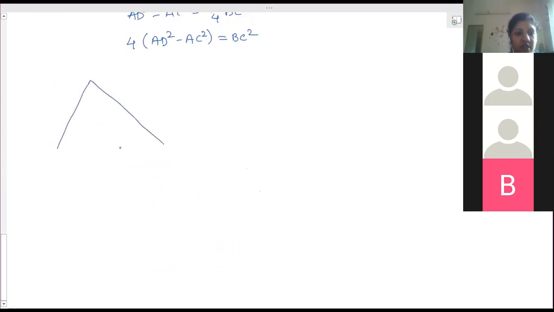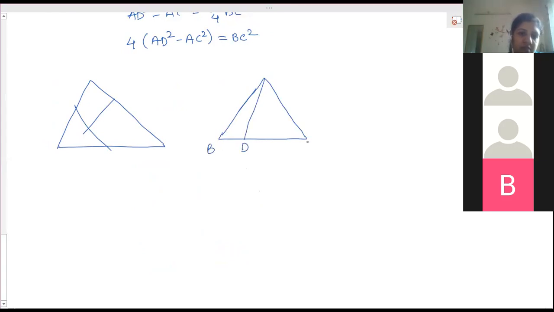So in the 15th question, ABC is an equilateral triangle. Everyone has solved these questions two times? Yes, ma'am. This is B, this is D, this is C, this is A. AB, AC, BC are equal, so we consider AB, BC, AC each equal to A. Then we have to draw a construction, AE perpendicular to BC, so this is 90 degrees.